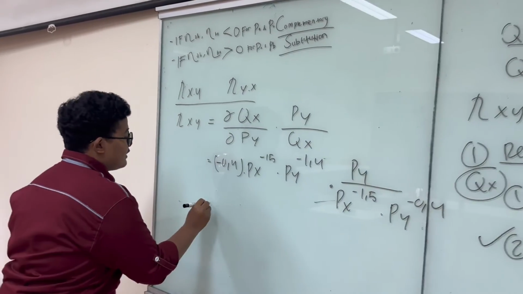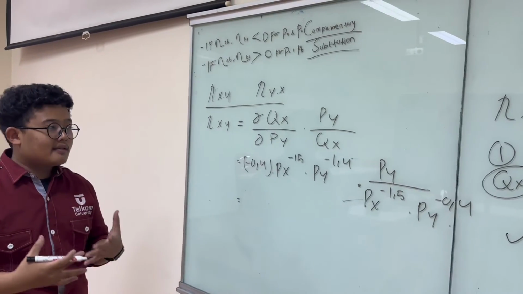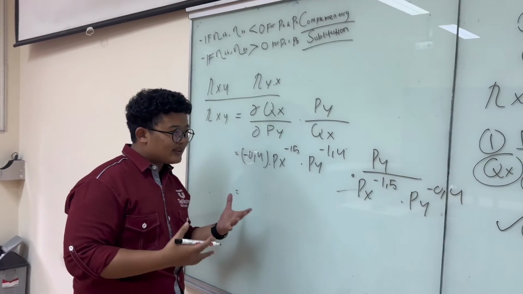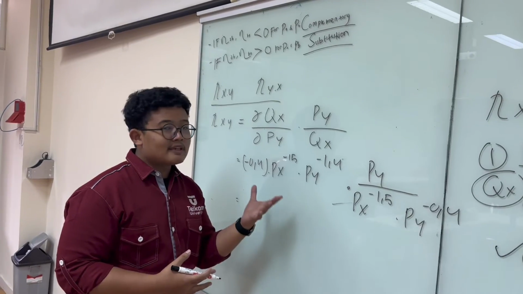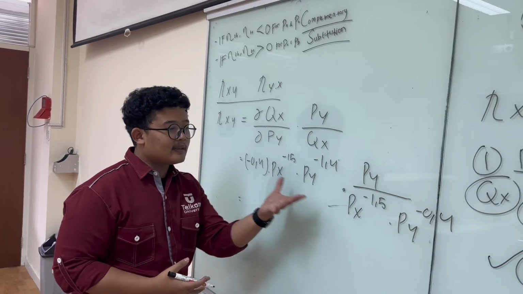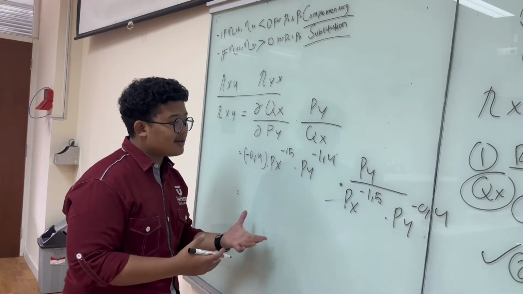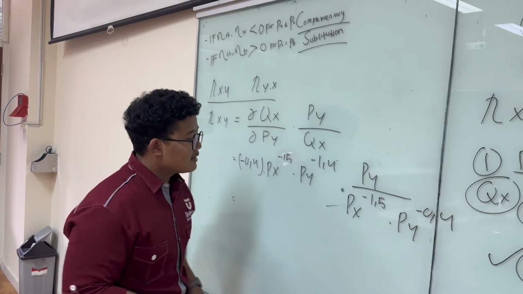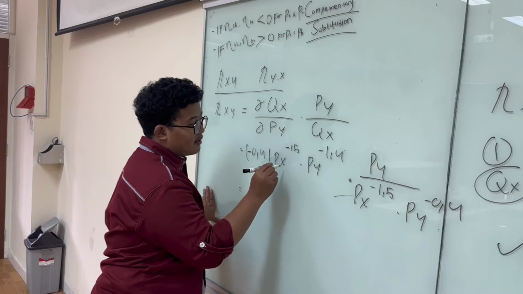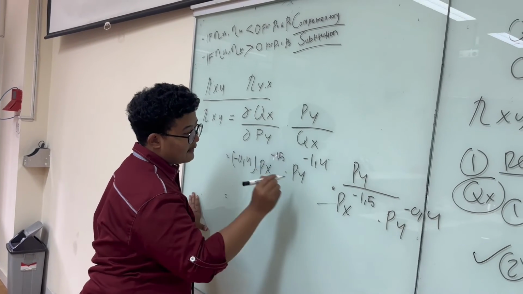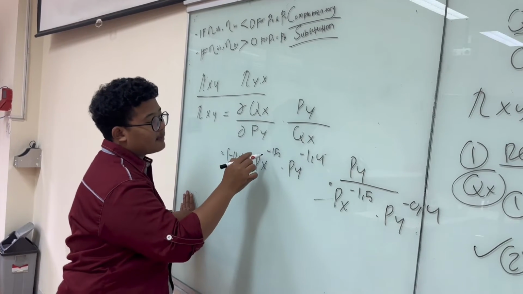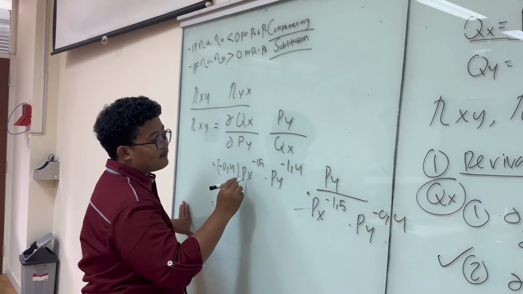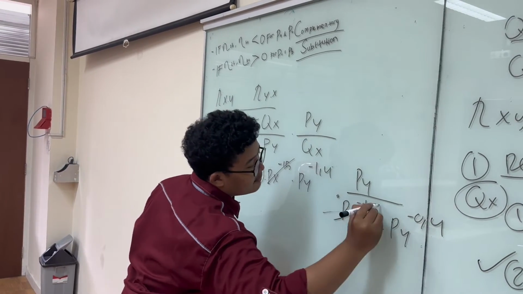Now this is basic mathematics, so we can just eliminate the same amounts. We found that some of the functions have the same amount, like the price of x to the power of minus 1.5, and we eliminate it.